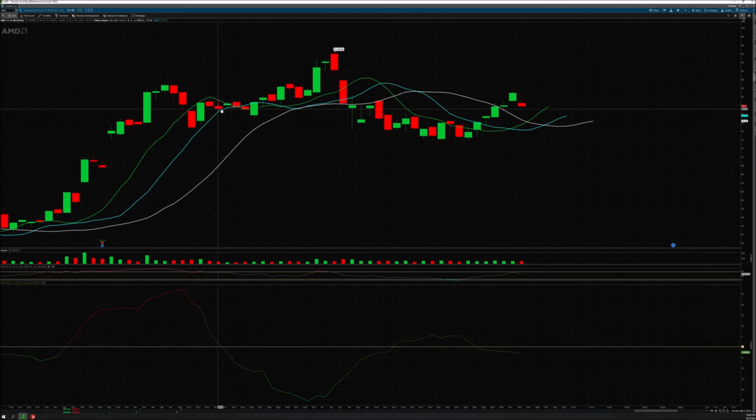That's why you got this sideways movement here. And then you got the green down at the bottom, then the buyers are stepping back up. And as of Friday, look at AMD, it's turning green again. So buyers are likely to come in again and try to push it higher.